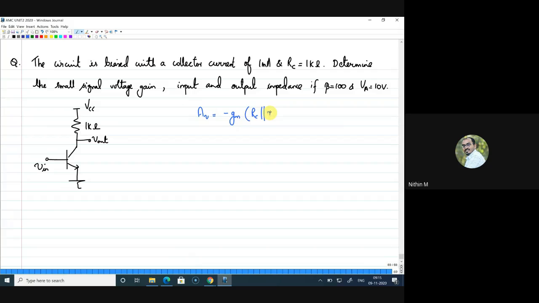So it is minus gm into RC parallel r naught, right? Yes, sir. And R in is beta by gm. Very good, Subramanian. I think you're okay with this, right? Yes, sir, I've caught up. Okay, very good.